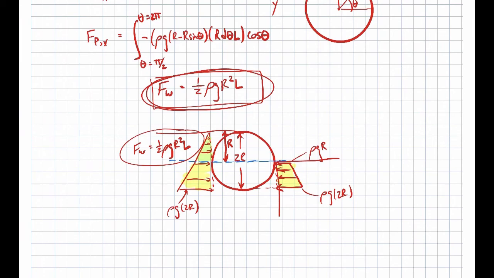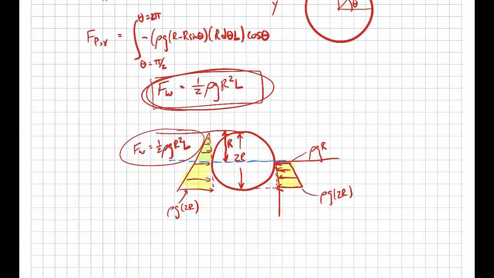You'll notice, by the way, that that is the exact same result that we have up here. So again, to reiterate, what we're using in this way of solving the problem is projected areas. We've done this in some other example problems. The projected area that the fluid sees on the left side of the cylinder is this whole 2r distance.